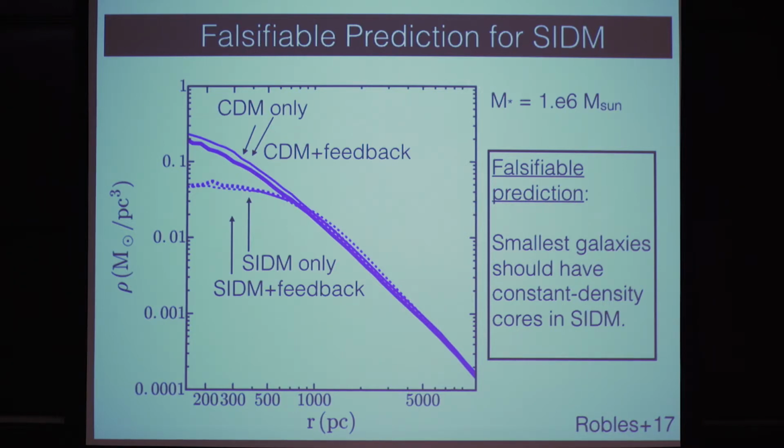And we see this fairly robustly, and so the point is that we think this is a fairly nice falsifiable prediction for this class of self-interacting dark matter models, that if you see cusps in low mass galaxies, that is going to be hard to handle in SIDM models. Conversely, if you see big cores in low mass galaxies, that's not good for CDM models. And so this is an interesting future direction to look to try to constrain self-interacting dark matter.